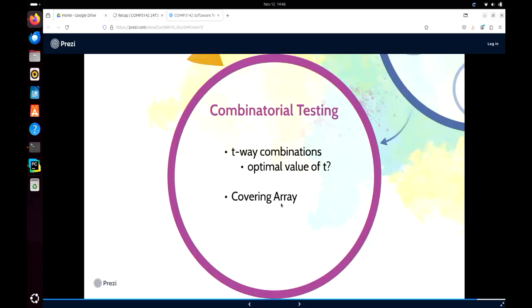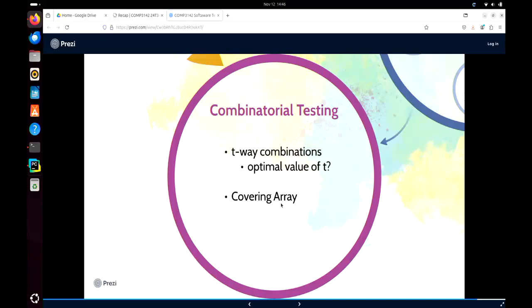We also learned the concept of covering array. We don't have to create a test suite to cover all the possibilities, because there might be some redundancies, and we can create a covering array to get the minimal test suite that can achieve 100% of T-way coverage.